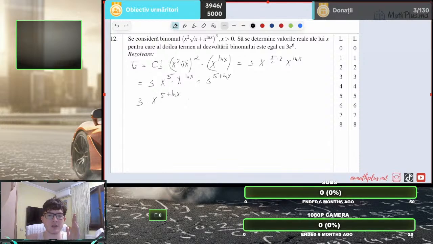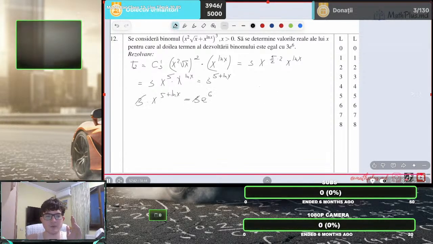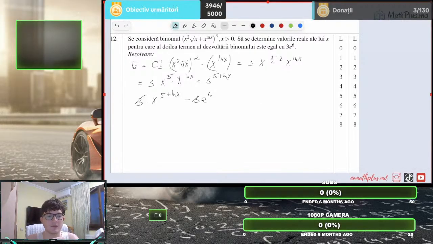And we need to equalize this with 3e to the power of 6, right? 3 goes away. And we have different bases. We have x and e. To be honest, I don't know what to do here. I don't know how it works with this e, with this ln.